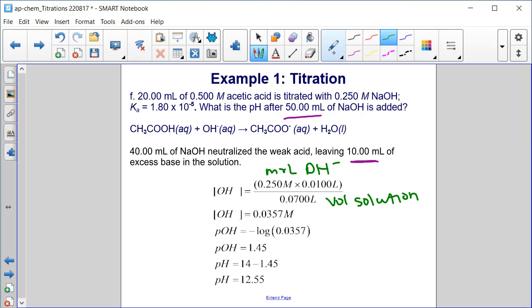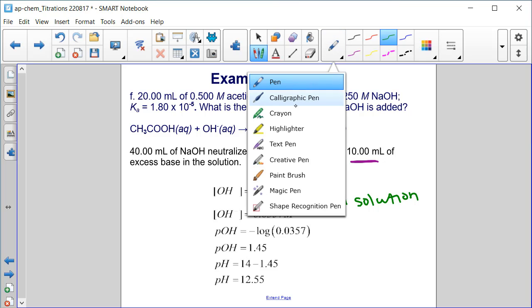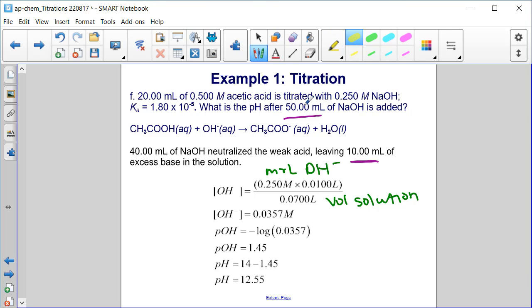So the concentration, 0.25 molar, times the excess volume, 10 milliliters or 0.010 liters, divided by the total volume of the solution.